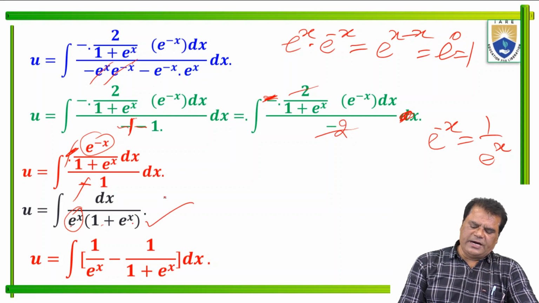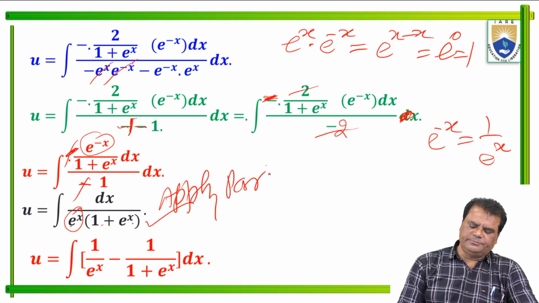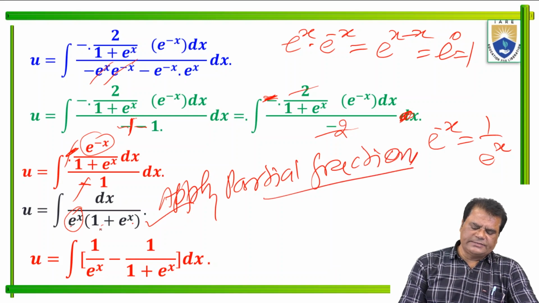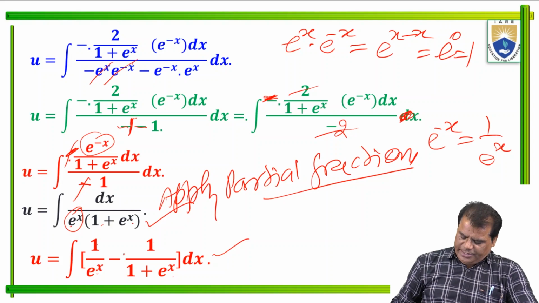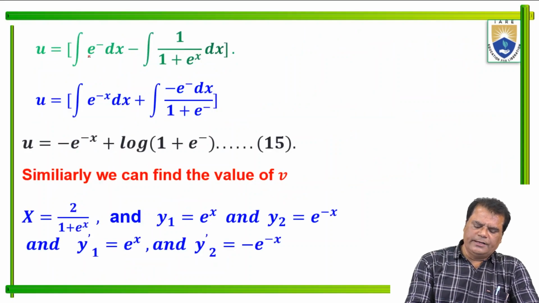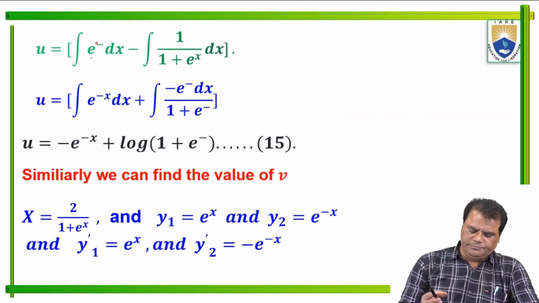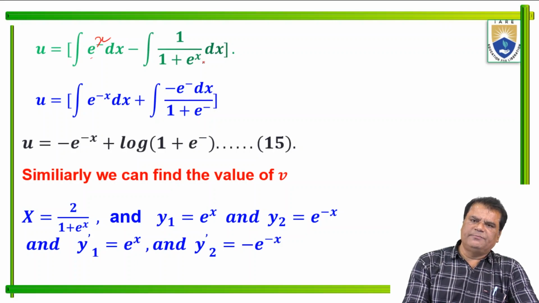Now apply partial fractions. Then we can write 1 upon e to the power x minus 1 upon 1 plus e to the power x dx, breaking into separate integrals: integral of e to the power minus x dx and minus 1 upon 1 plus e to the power x dx.